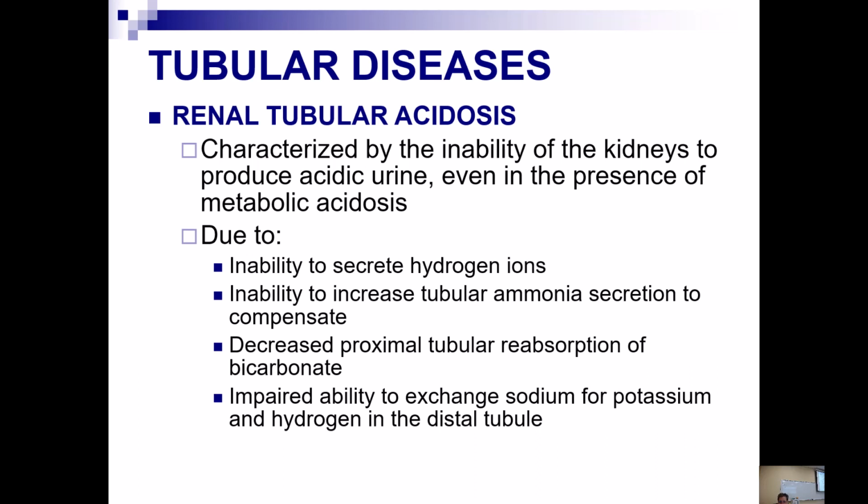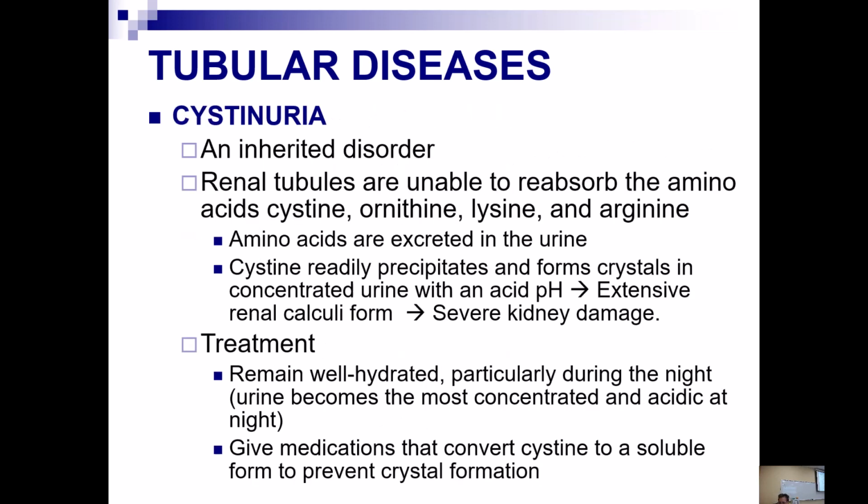But the distal convoluted tubule, the inability to secrete hydrogen ions, inability to increase tubular ammonia secretion to compensate, the proximal tubular reabsorption of bicarbonate is inhibited, and the impaired ability to exchange the sodium for potassium and hydrogen in that distal tubule. So because of the acidosis, we're going to get the inability of the kidneys to produce the acidic urine because of all of this.